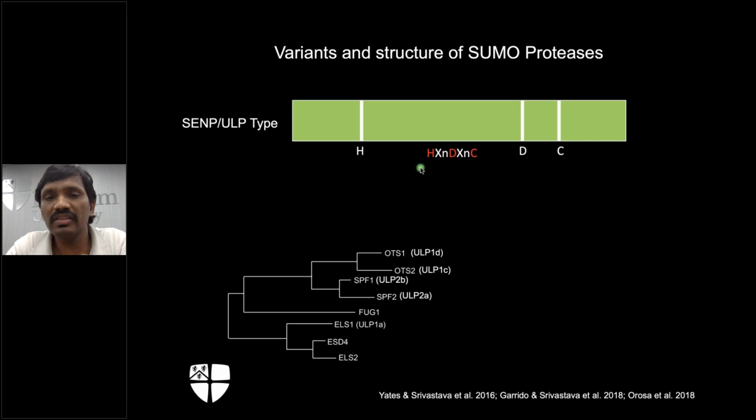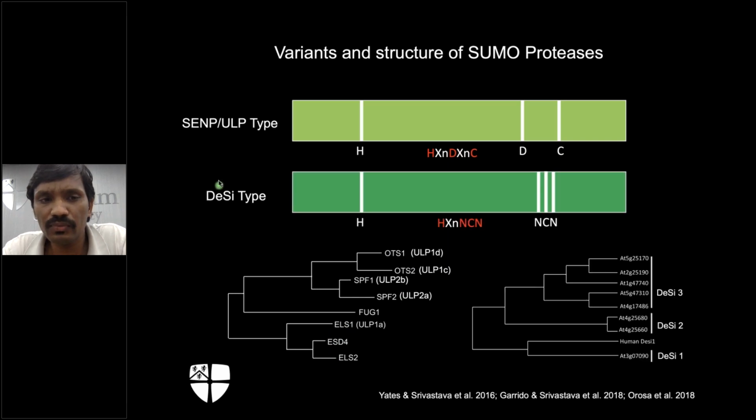So we look for this motif, or catalytic domain, to identify the ULP type of SUMO proteases, and we have identified 8 different SUMO proteases in this class. The other class, which we identified recently in 2018, is the DESI type of SUMO proteases, the deSUMOylating isopeptidases, where cysteine and histidine are conserved along with asparagine.